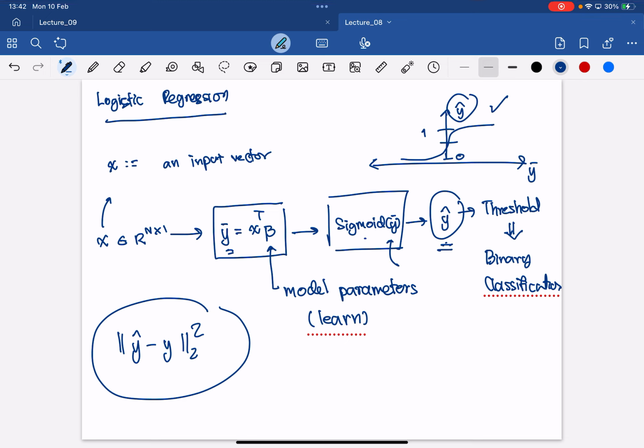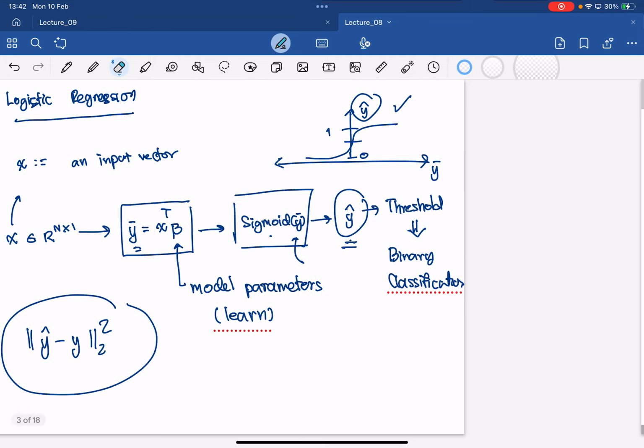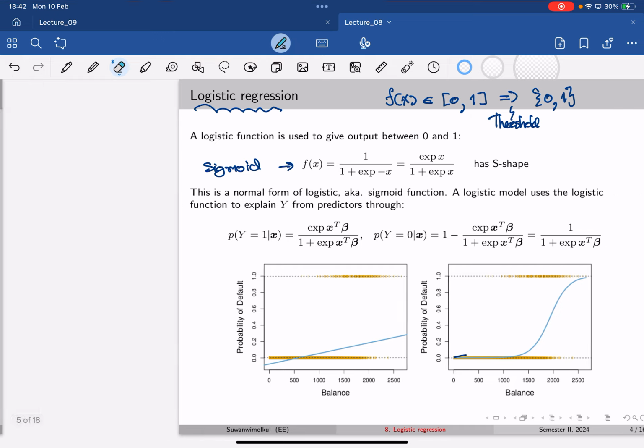But the problem with that is the lack of the probabilistic interpretation. So that's kind of the reason why we may want to come up with a new loss function. But that's maybe just to give an idea why we use a different one. Okay.